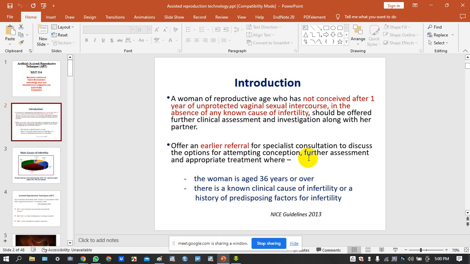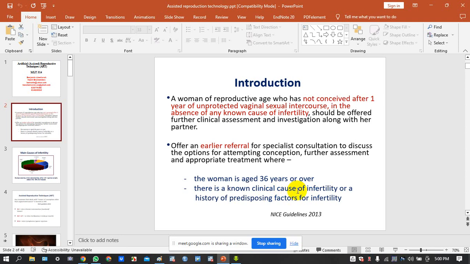The woman should also not be more than 36 years old, and we also consider whether there is a clinical cause of infertility, the history regarding the infertility issue.